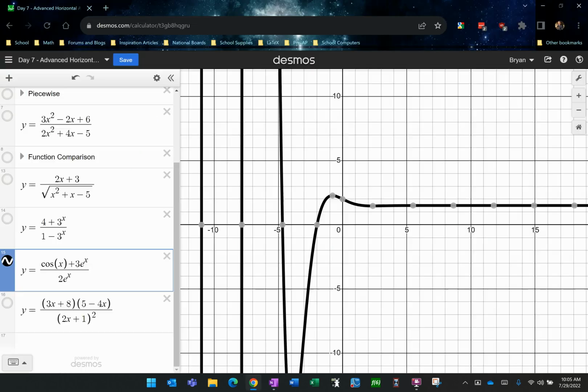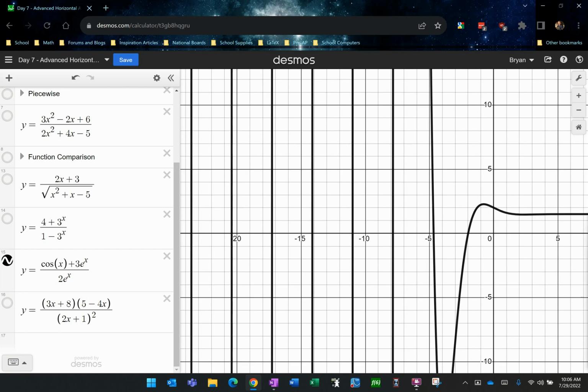Let's look at the graph. Here's my graph, in black right here. We found the limit as we approach 0, and as we approach 0, the y value is 2. I'm pretty sure that's the right answer. To the right, it looks like we definitely approach 1.5 pretty quickly. E to the x blots out cosine and says, I'm in control here. But on the left side, look what happens.